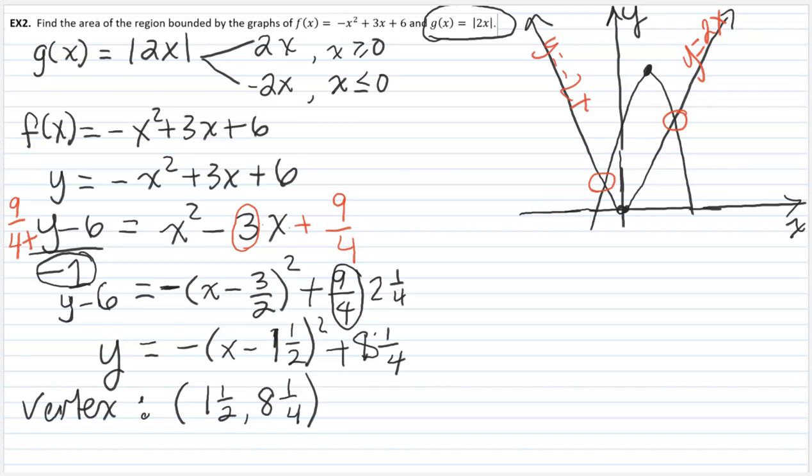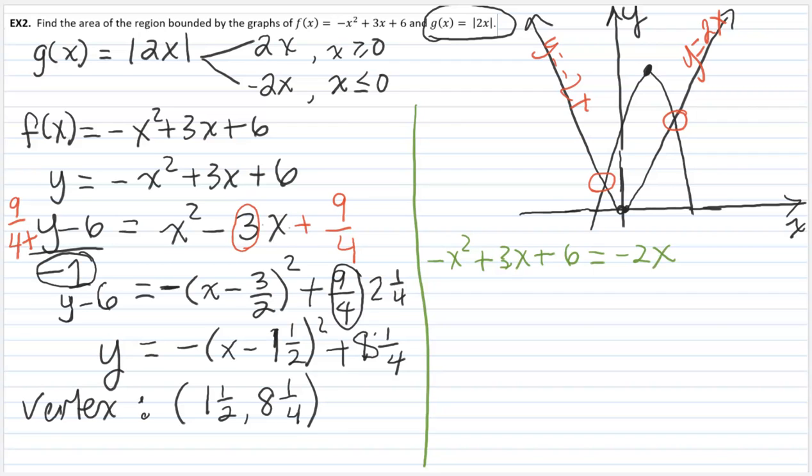So you have to actually solve the equation to find the intersection. So on the left portion there, that intersection comes from the equation negative x squared plus 3x plus 6 is equal to negative 2x.